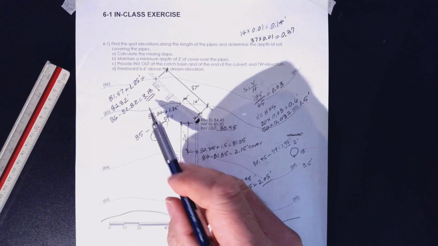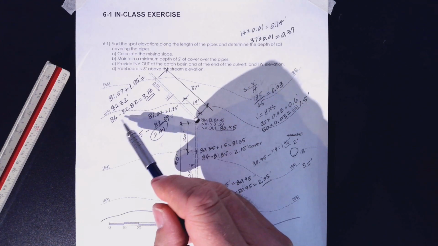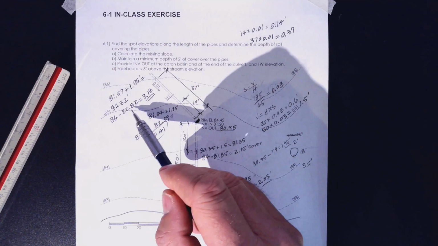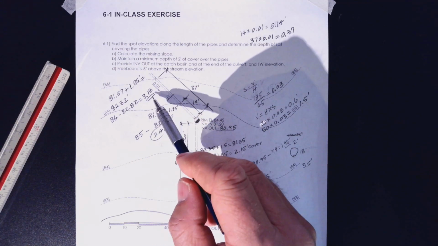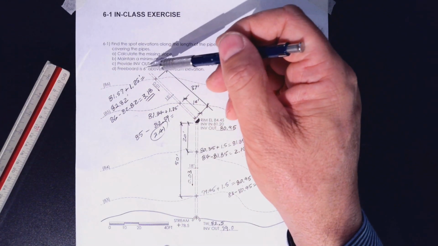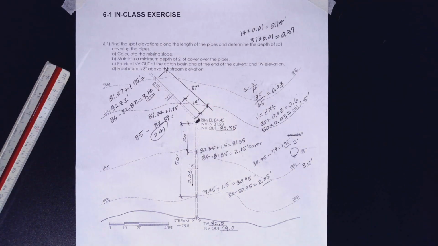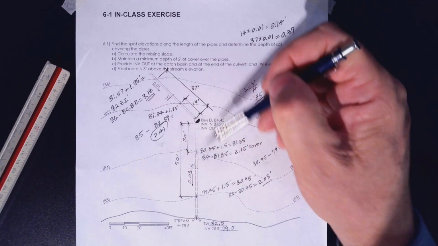So we've got here 3.18 feet of cover. We took the elevation of the existing ground minus the top elevation of the pipe, and we get 3.18, well above the 2 feet of cover that we need. So everything is good.